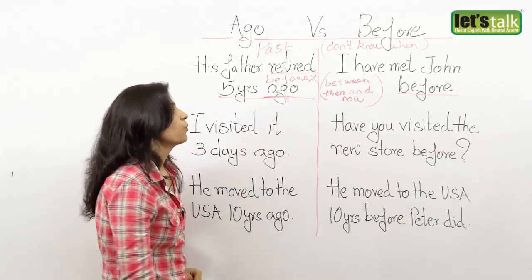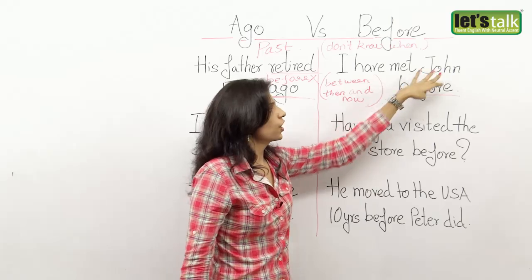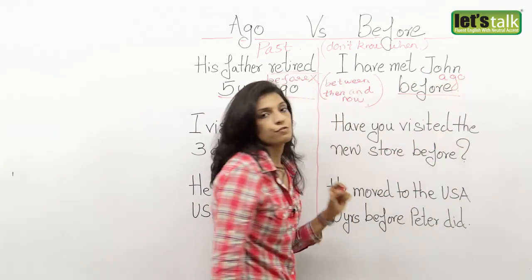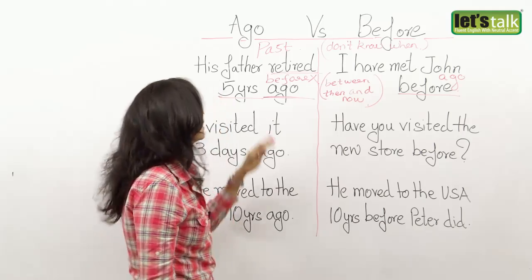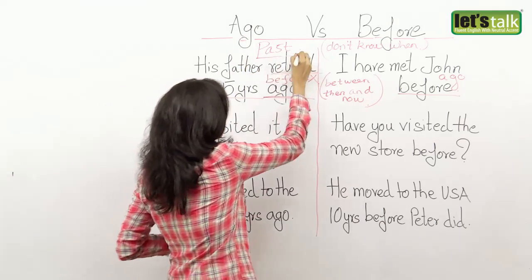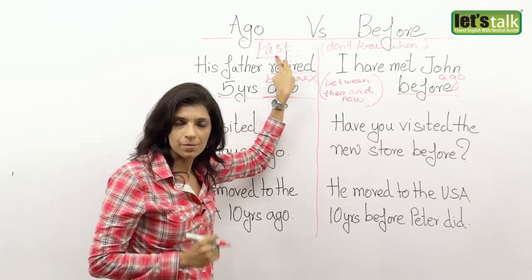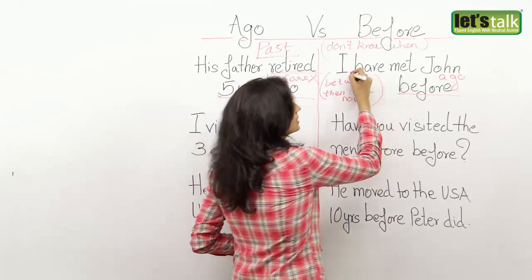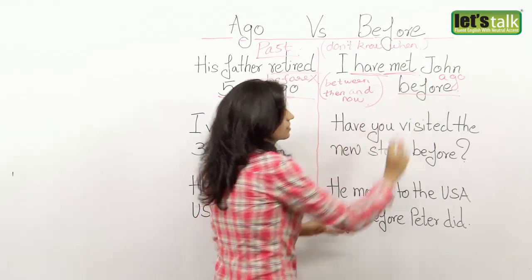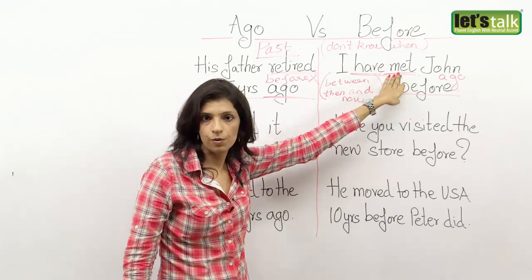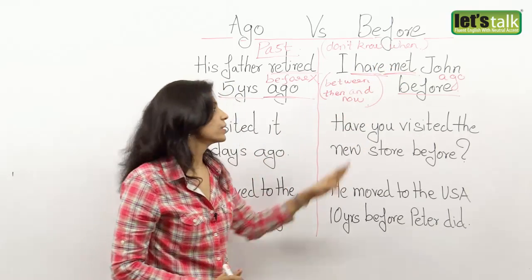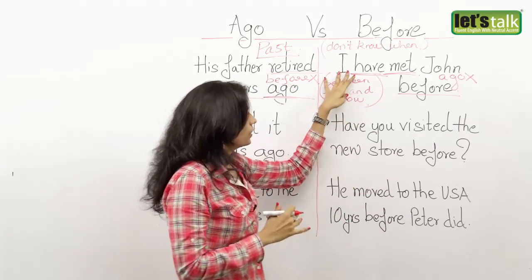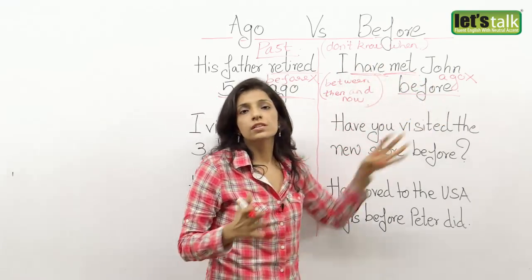Now you may wonder, why can't we say I have met John ago? First of all, like I said, ago is always used for a specified time in the past. Here we are not specifying the time. This is a present perfect sentence, that is, have with the verb in the third form. We never use ago with the present perfect, because when I say I have met John before, there is no time period.